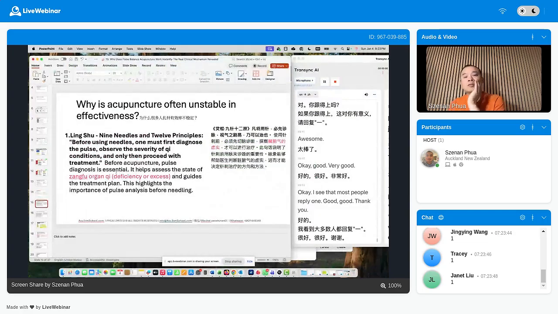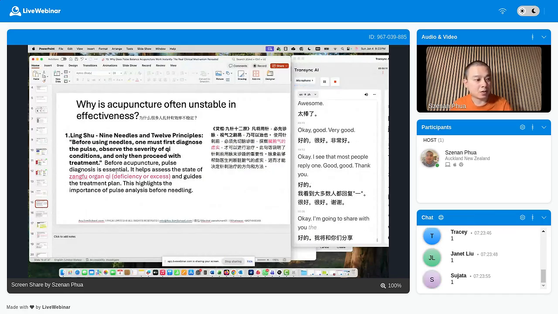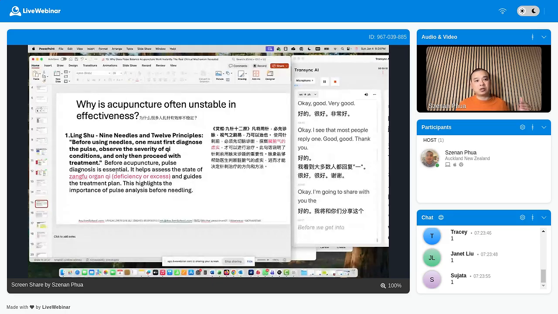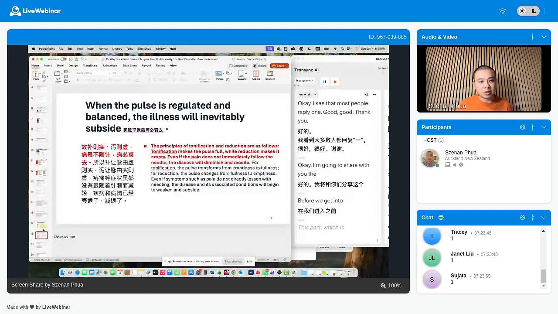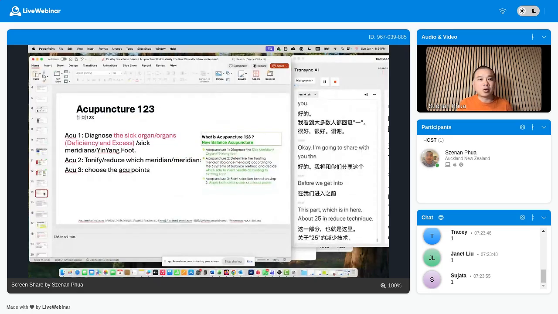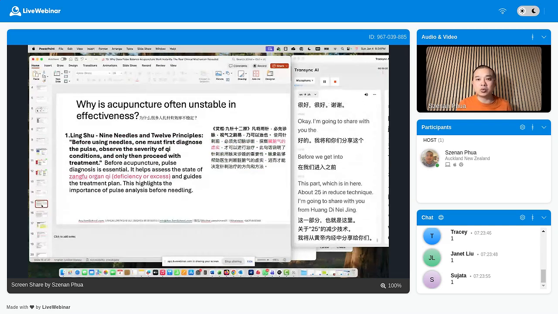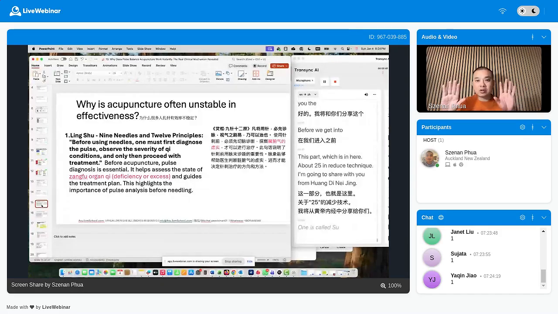Okay. Before we get into this part, about tonifying and reduce technique, I'm going to share with you from 黄帝内经灵枢. In 黄帝内经, we have 2 parts. One is called 素问, one is called 灵枢.